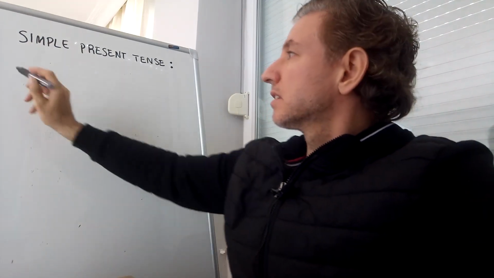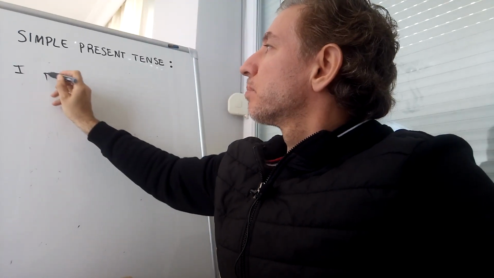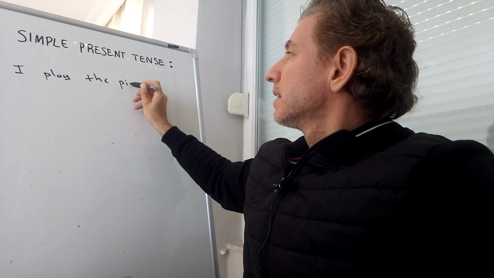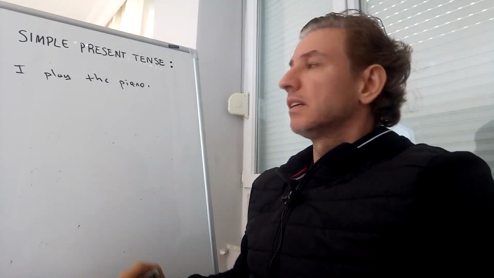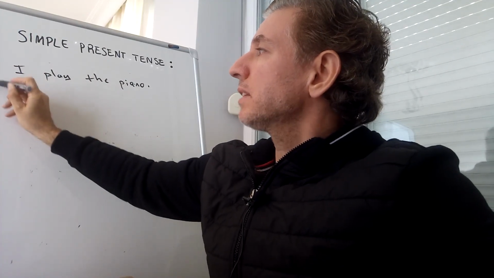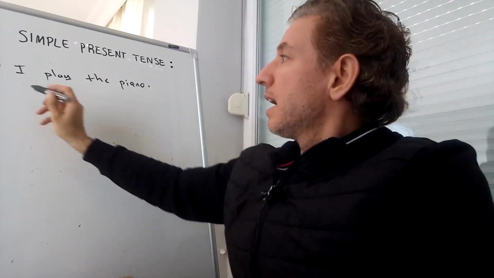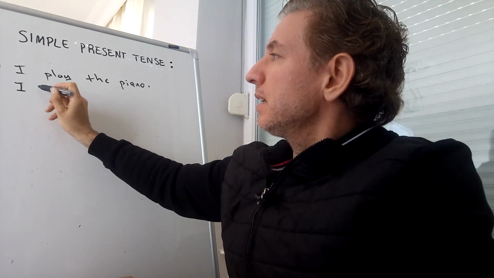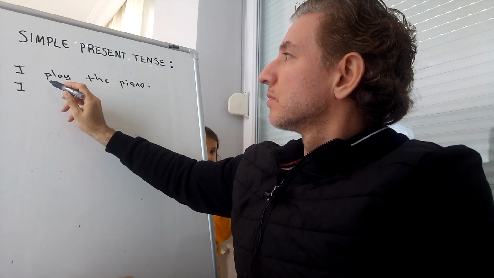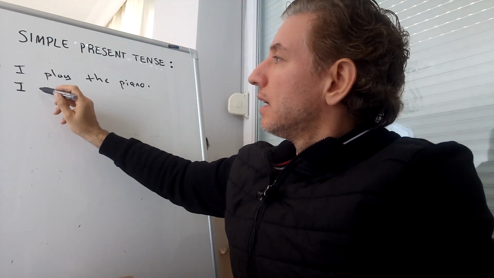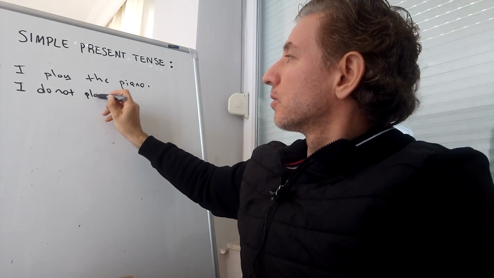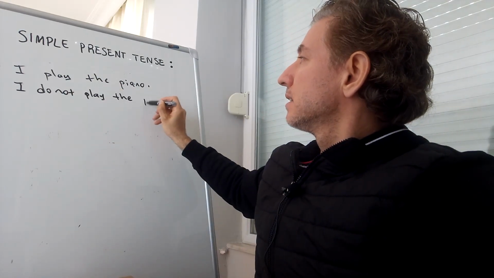So, what's the difference? I play the piano very well, okay? I play the piano. This is an affirmative. So what is the negative form of this? Just put do not before the verb.